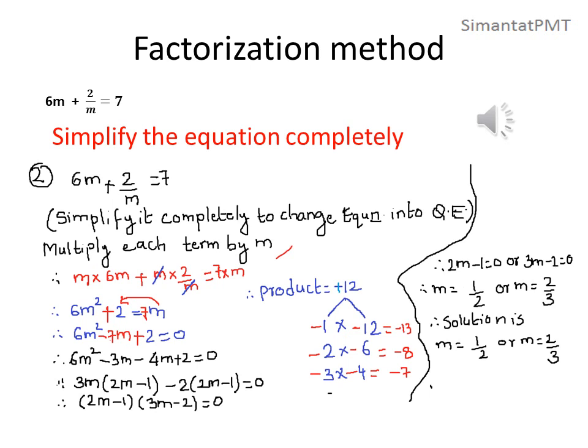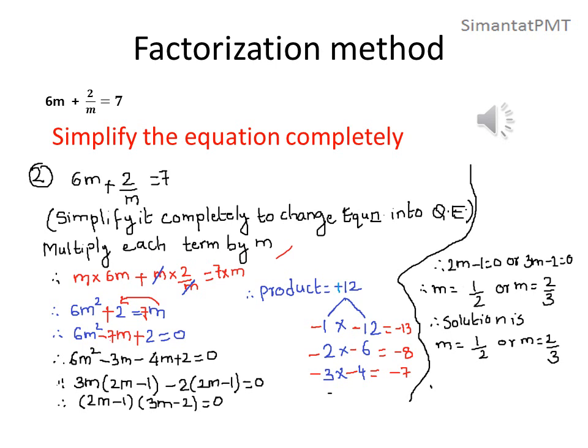Let us now have a look at another example where the product will be positive. 6m plus 2 upon m equal to 7. First of all, we simplify the equation completely to change the equation into quadratic equation. For that, we multiply each term by m.